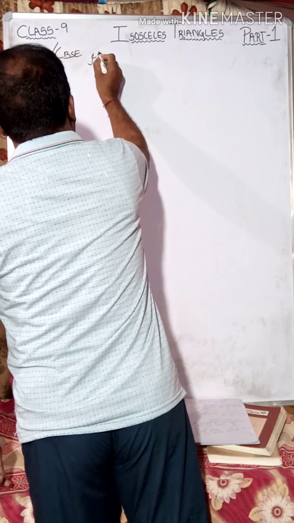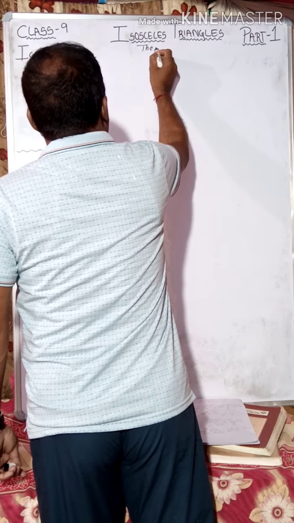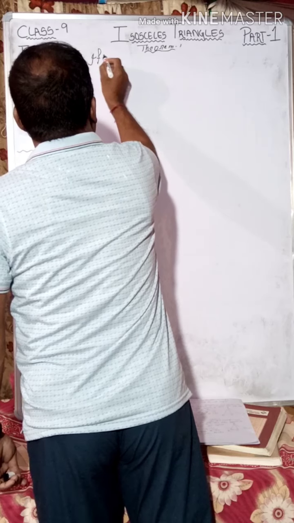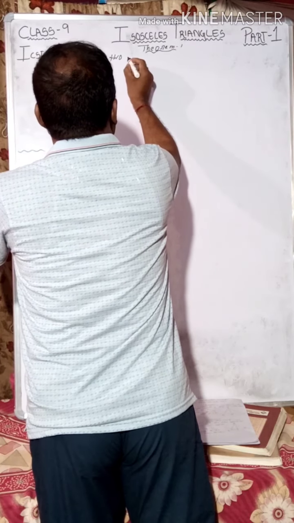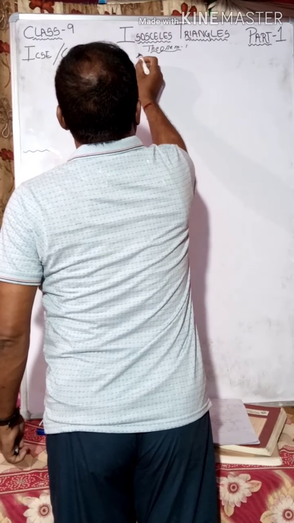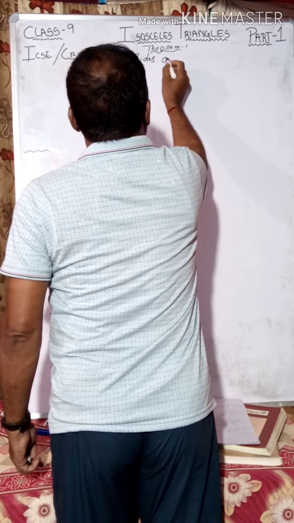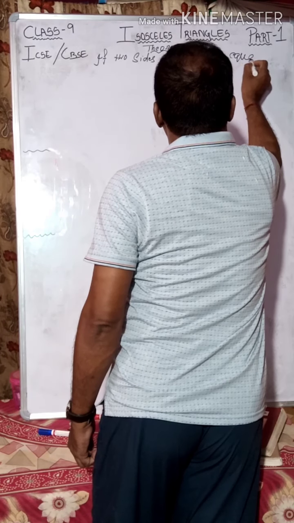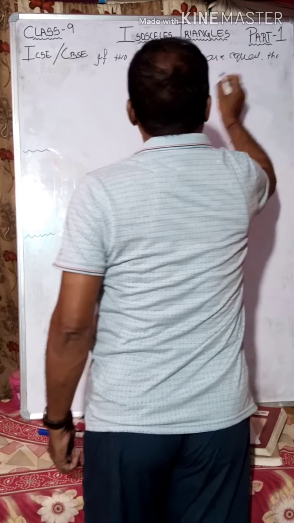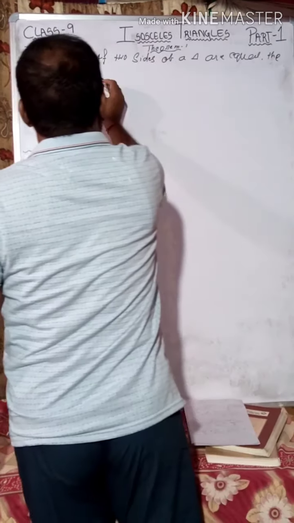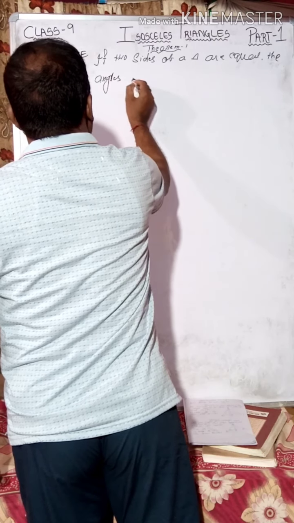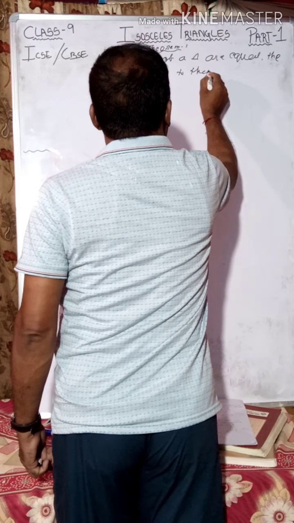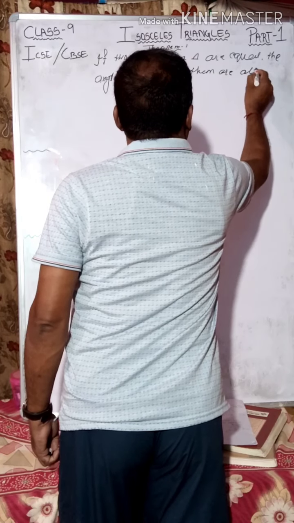Theorem 1: if two sides of a triangle are equal, then the angles opposite to them are also equal.